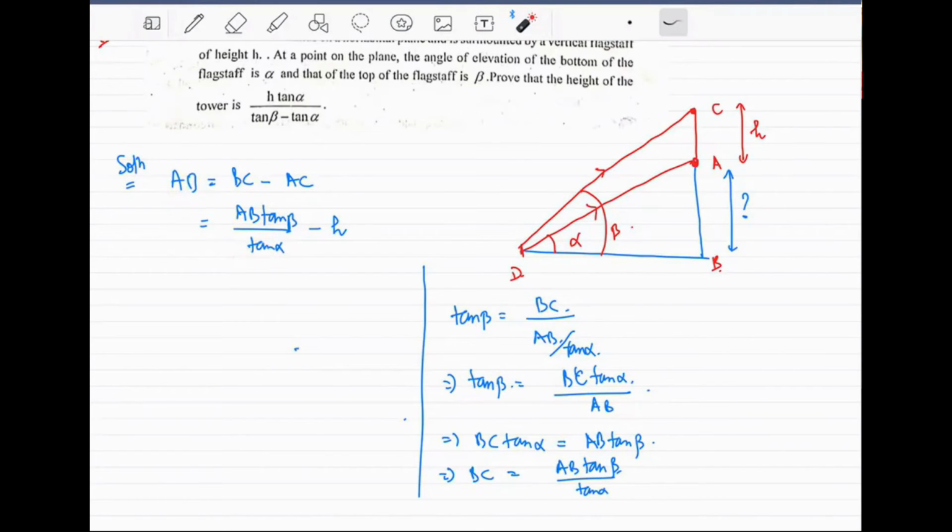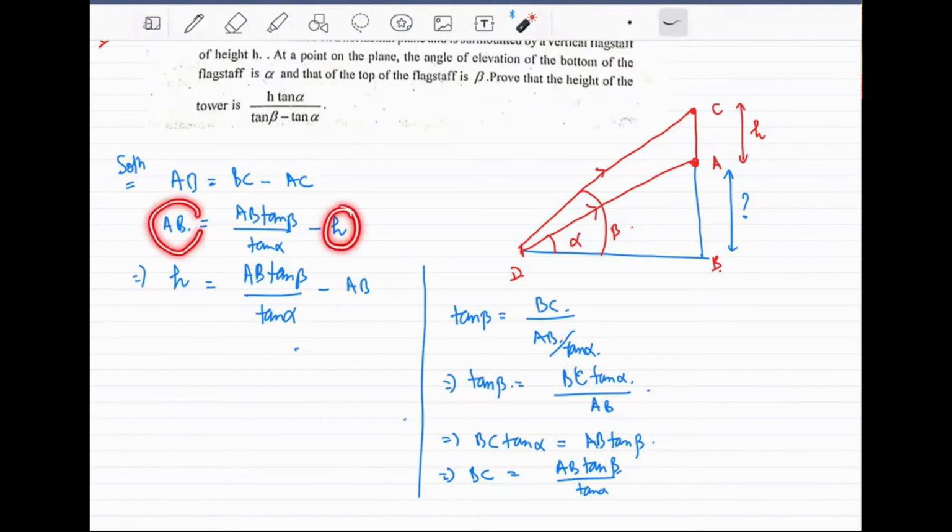correctly. So in order to do that, let's bring H to this side. There is an AB on the left hand side. You have to bring the AB to this side, H to this side, and then you take common factor of the AB. Here it will happen like this. H is brought here, it becomes positive. AB tan beta is there, divided by tan alpha, and there is a minus AB.